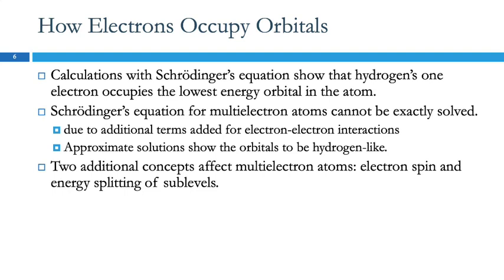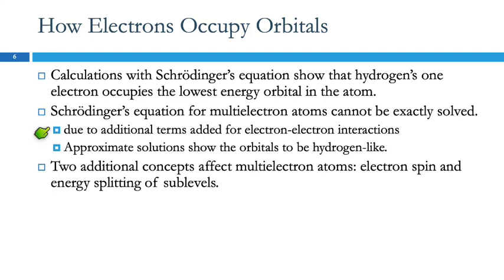So we talked very generally about Schrodinger's equation in chapter 8, and we can solve that for hydrogen, and solutions show that hydrogen's 1 electron will occupy the lowest energy orbital in the atom. When you get to multi-electron atoms, you can't solve the equation exactly, but approximate solutions show that those orbitals are like the orbitals in hydrogen.